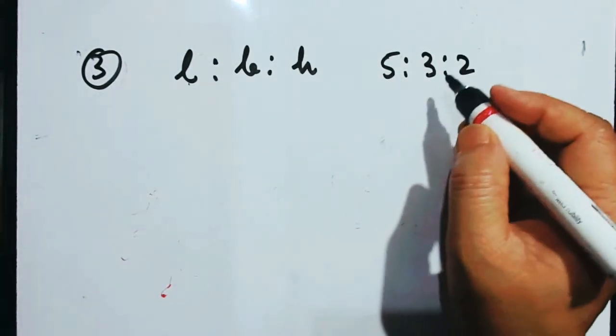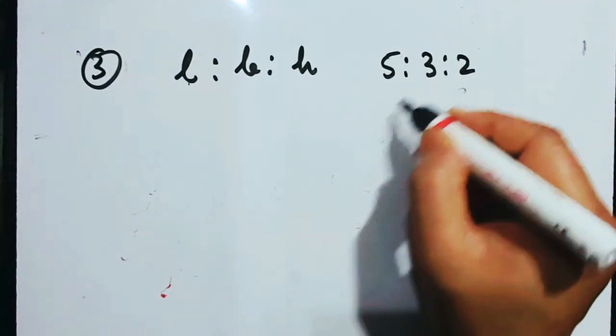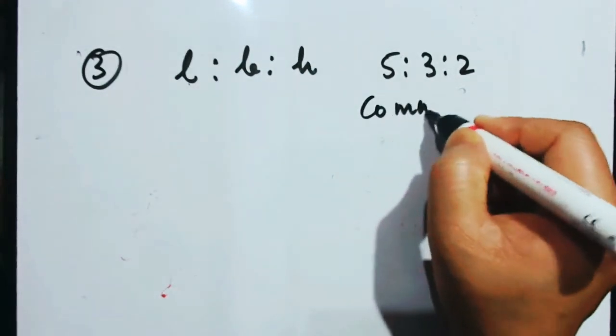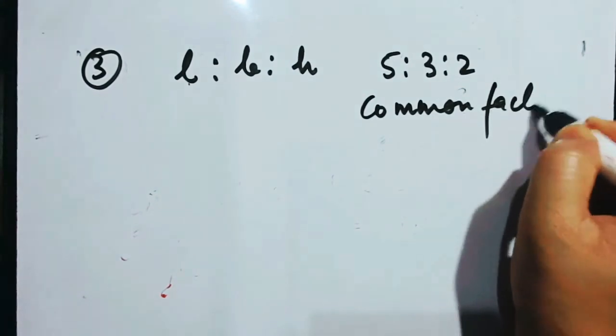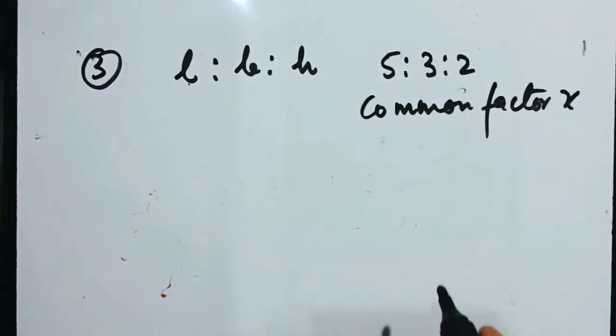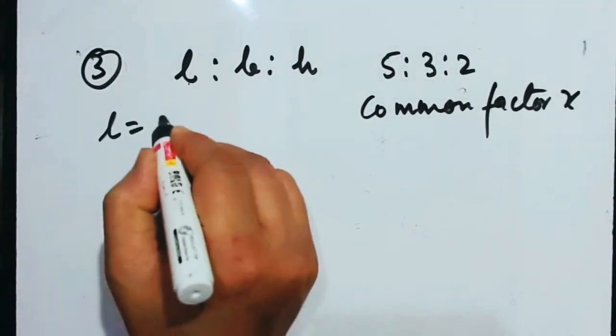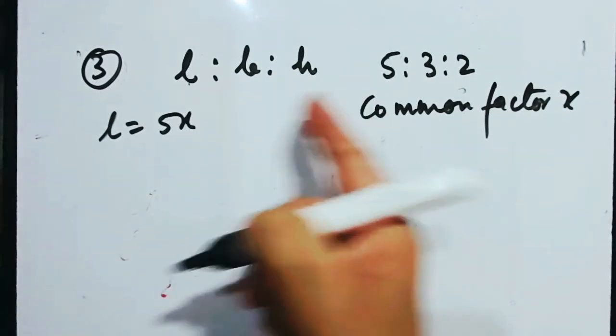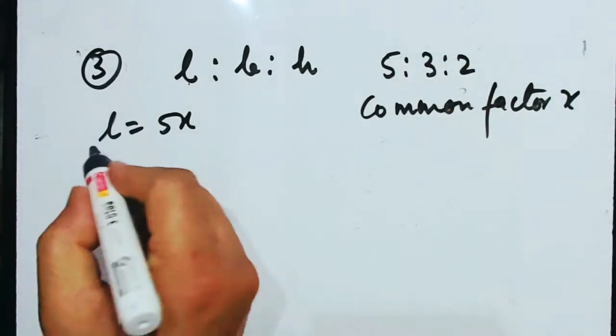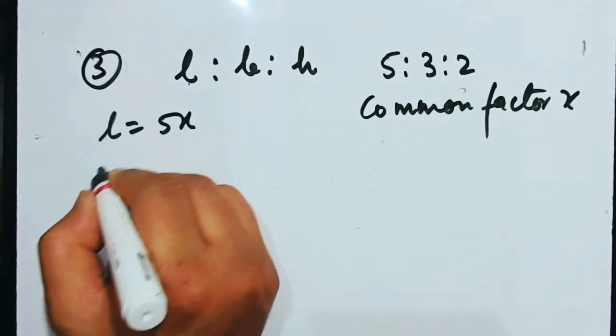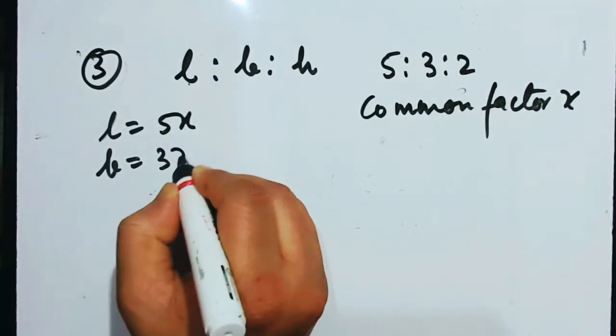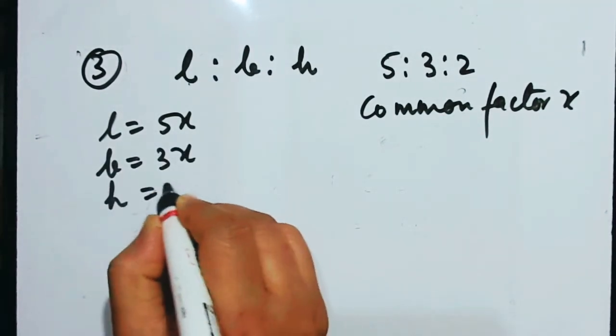So if we take a common factor x, then in that case my length will become 5x. This was the ratio of L, B and H. Now the value becomes L as 5x, B as 3x and my H as 2x.